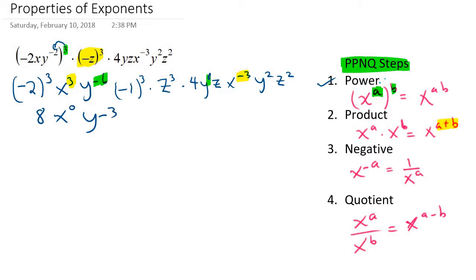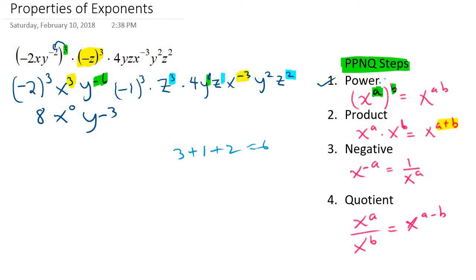We go to z. There is z to the third, another z to the first over there, and another z to the second. If you add all those together, the 3 plus the 1 plus the 2 will give us 6.